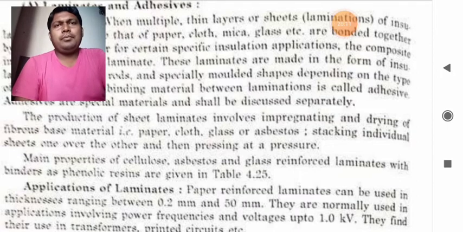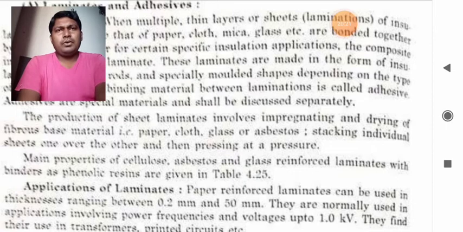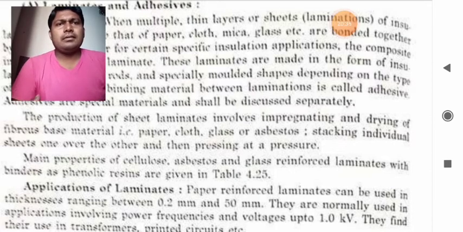So now the application of laminates, students. So where are these laminates used? Paper reinforced laminate can be used in thicknesses ranging from 0.2 mm to 50 mm. So its range is very wide. You can clearly understand that 0.2 mm to 50 mm is a very wide gap.